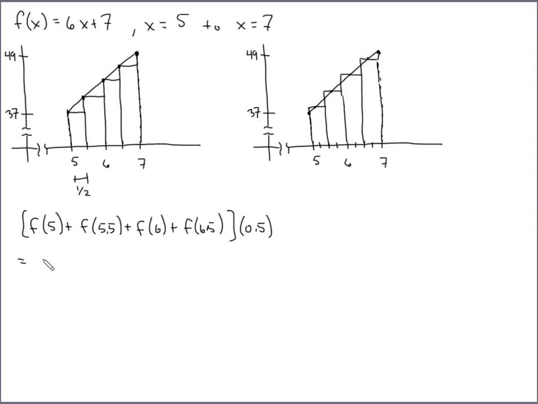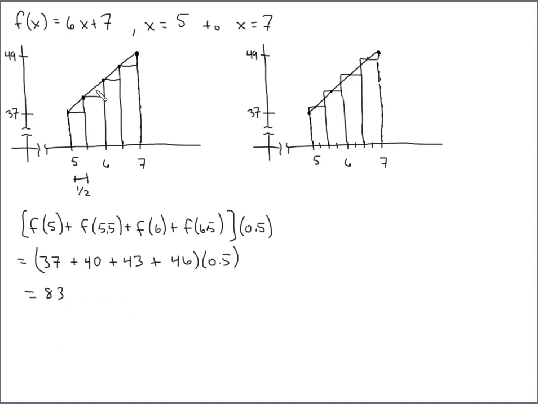So f of 5 is 37. F of 5.5 is 40. F of 6, if we plug in 6 to this function, we get 43. And 6.5, if we plug that in there, we get 46. Then we multiply all of that by 0.5. And if we do all that, we get 83.